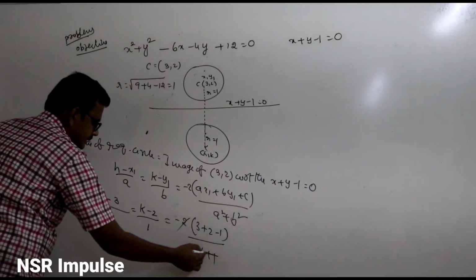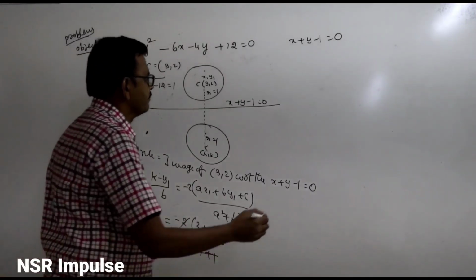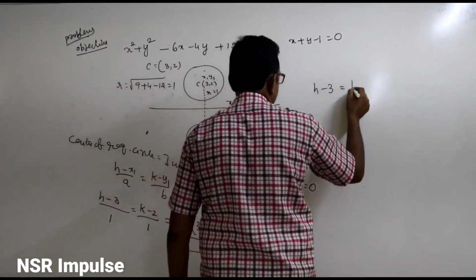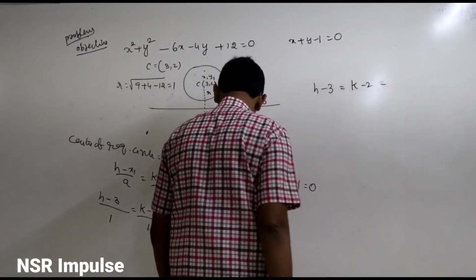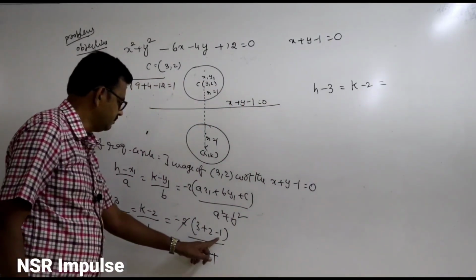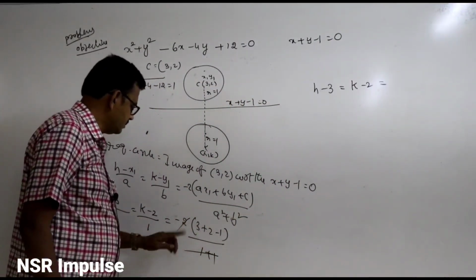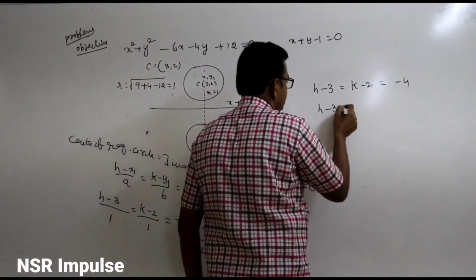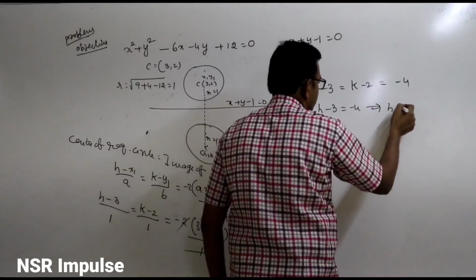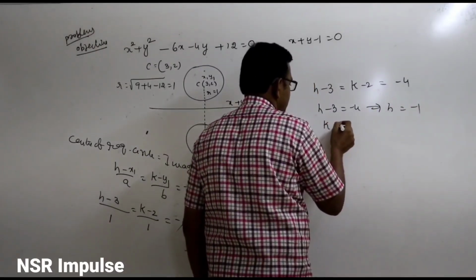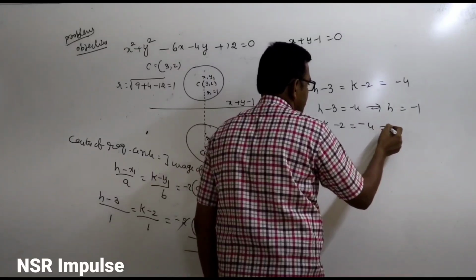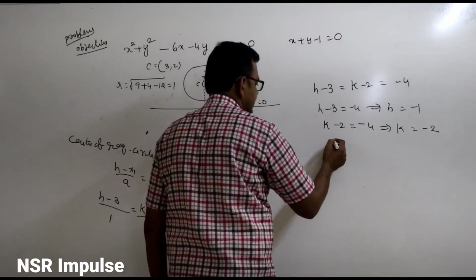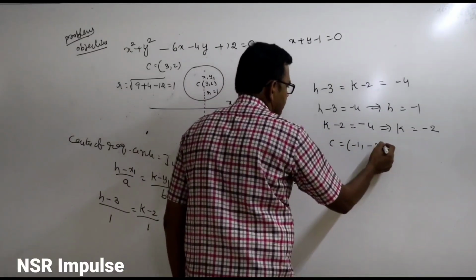There 2 gets cancelled. That is h minus 3 is equal to k minus 2 is equal to, so this is 5 minus 1, that is 4, minus 4. h minus 3 equal to minus 4, h equal to minus 1. k minus 2 equal to minus 4 implies k is equal to minus 2. Therefore center is minus 1 comma minus 2.